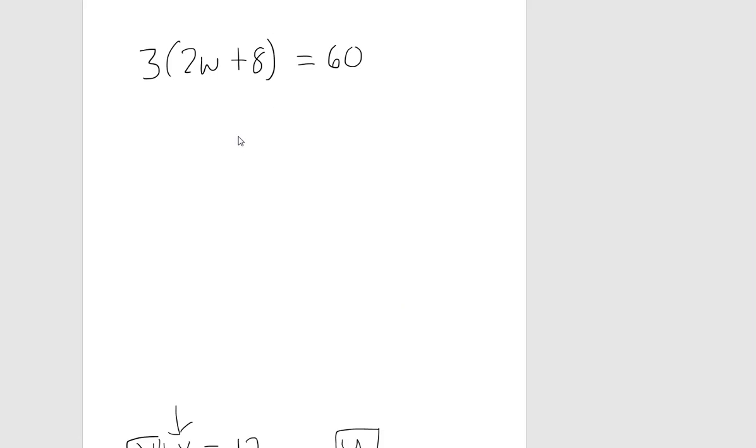Okay, the last type of equation that you are going to see is one that looks like this. If we're going to solve this equation for the w, the first thing that we need to do is to distribute the 3 to both of the terms on the inside of the parenthesis. So 3 times 2w is 6w, 3 times 8 is 24.